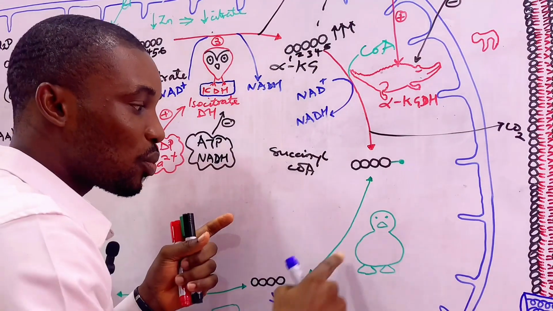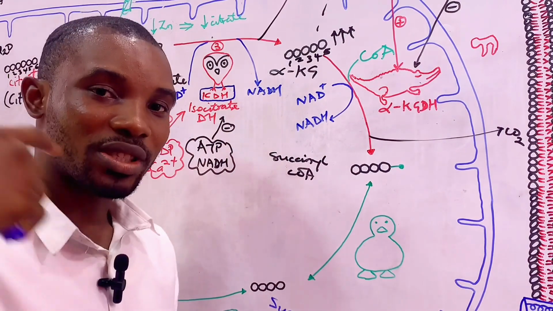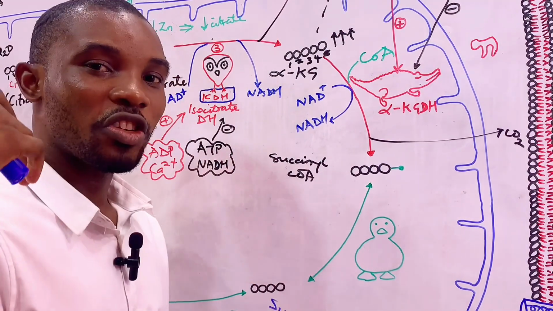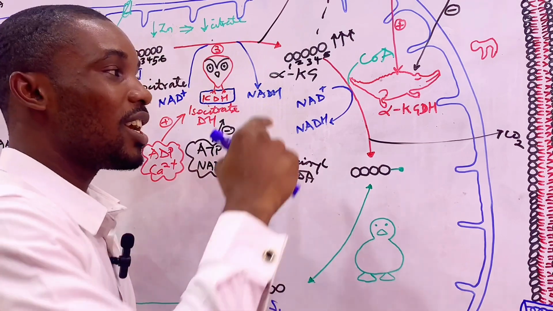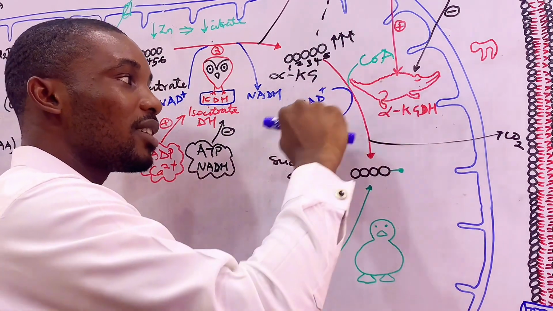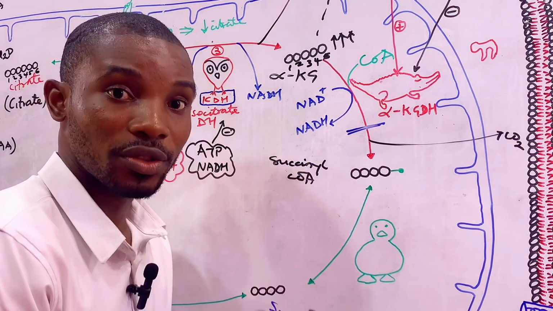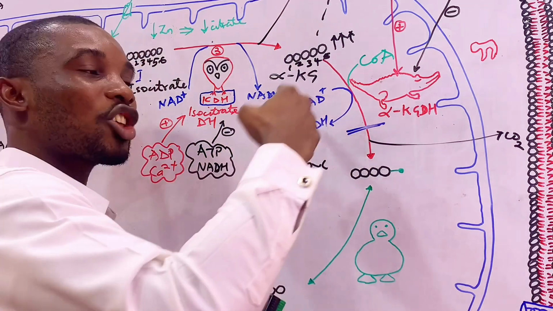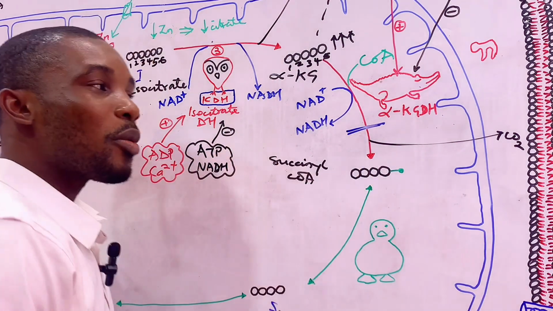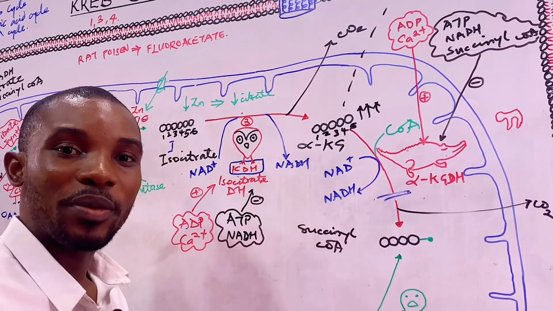Okay. What else would you expect? Now remember that this pathway continues the breakdown of glucose. Remember we've finished with glycolysis, we finished with oxidation of pyruvate. Now we are talking about the TCA cycle. When there's a break here, so there's deficiency of this enzyme, this particular reaction is blocked. What would you expect? There'll be accumulation of previous intermediates. And one of the remarkable things that accumulates is pyruvate.